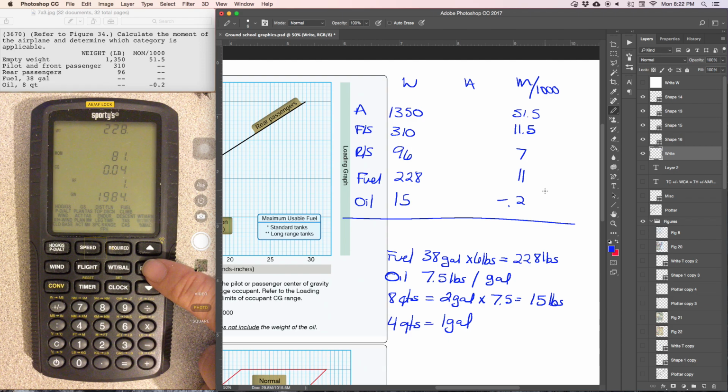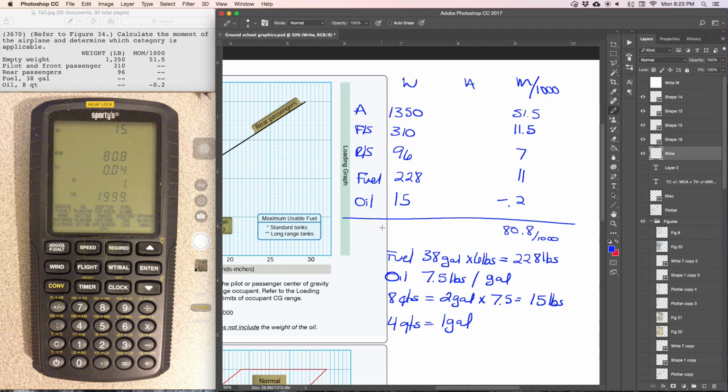And then oil is 15 pounds, and we have a negative moment, so we enter 0.2 negative. Enter. That gives us a total moment of 80.8. This is the total moment divided by 1,000.